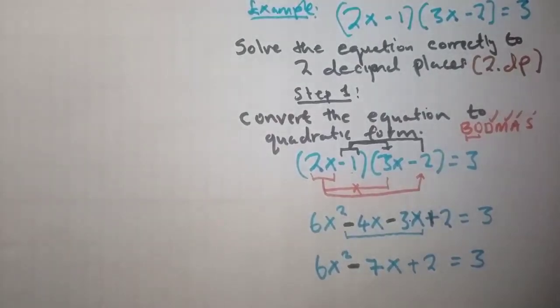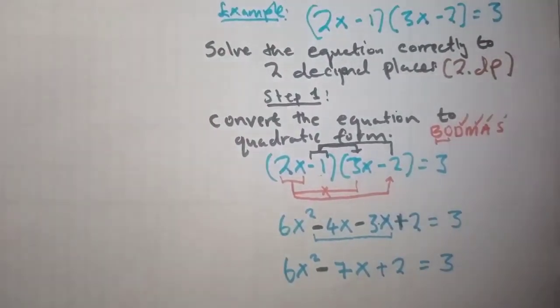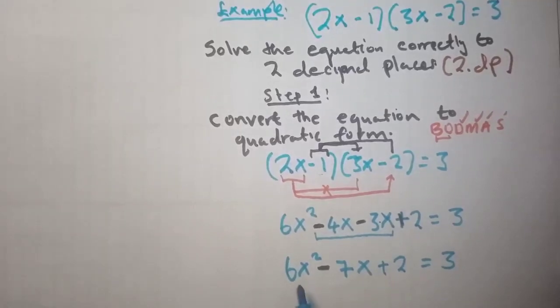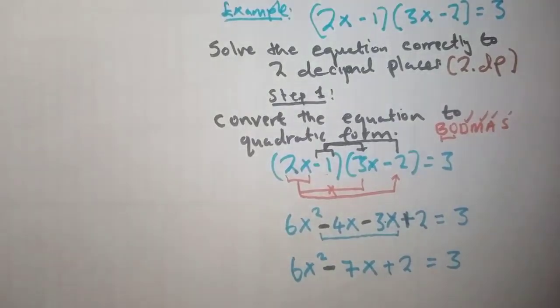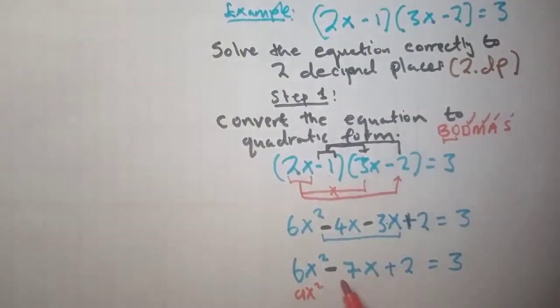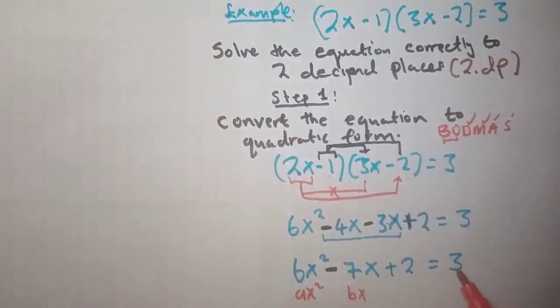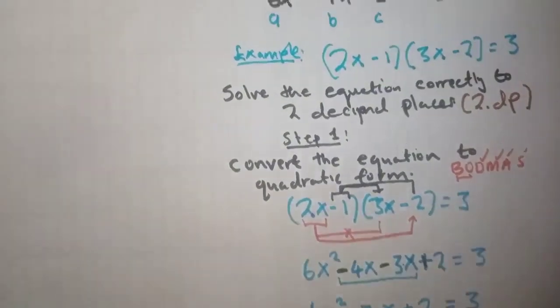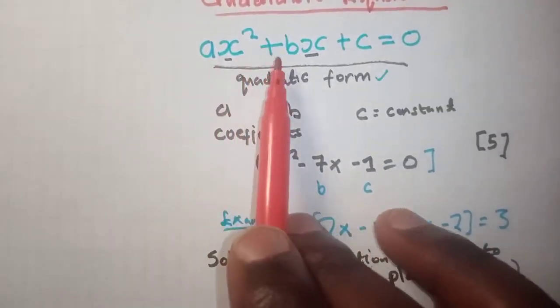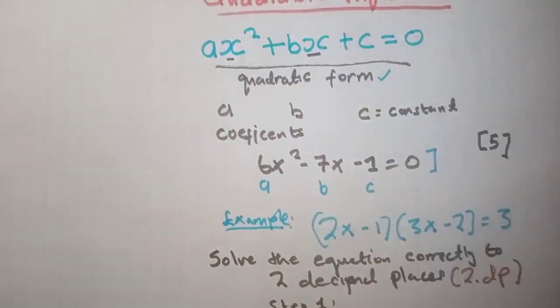Now we're trying to convert this equation into quadratic form. So here we are partly done. We've noticed that we've got an x squared here. Remember the quadratic form must be ax squared plus bx plus c is equal to 0.